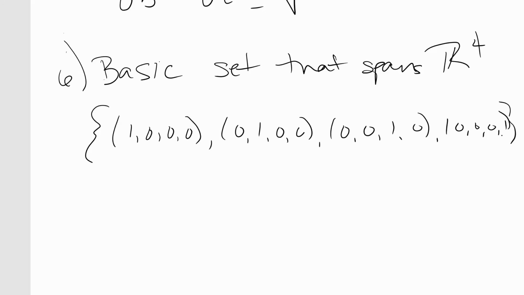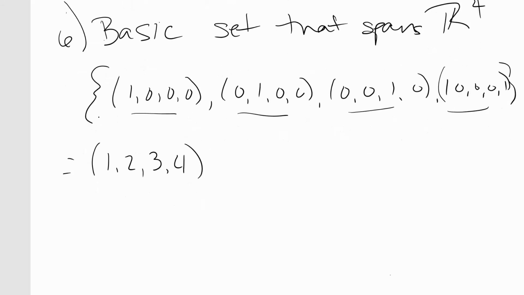I can use those 4 in some linear combination to get whatever I want. For example, to get 1, 2, 3, 4, I would do 1 times the first one, plus 2 times the second, plus 3 times the third, plus 4 times the fourth. So any ordered quadruple I want, I can get from a linear combination of what's inside that set. So that would be a spanning set for R4.